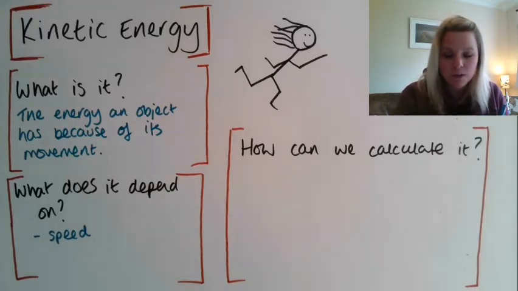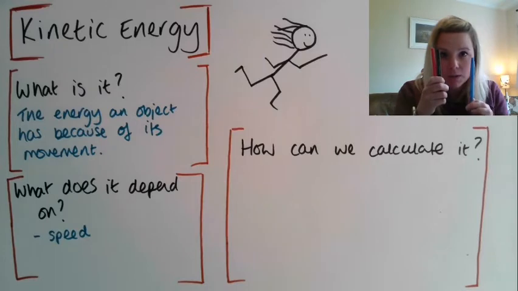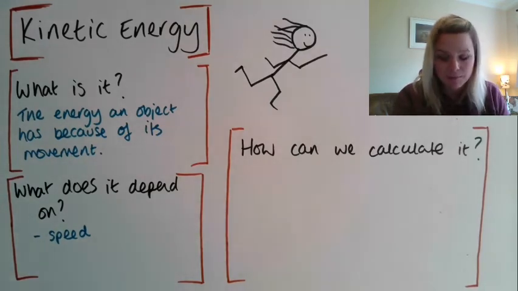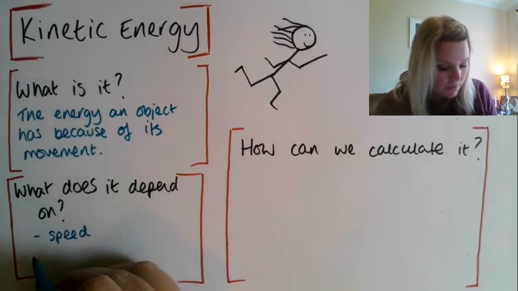But if one of the objects is double the mass of the other one, and it's going at the same speed, it's going to contain much more energy because it has a much bigger mass. So kinetic energy doesn't just depend on an object's speed, it depends on its mass as well. So let's write that in.